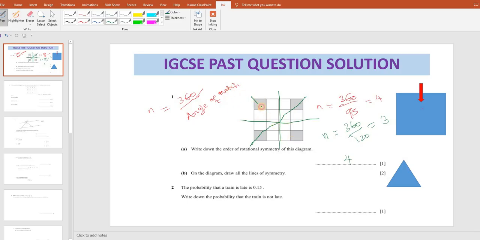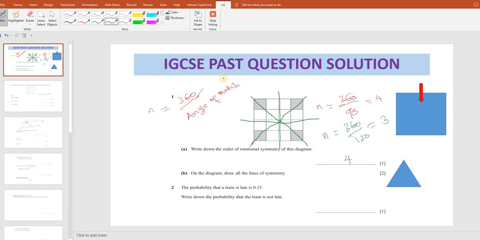If I do the other leading diagonal, I will still have the same match. So we have four possible lines of symmetry for this.